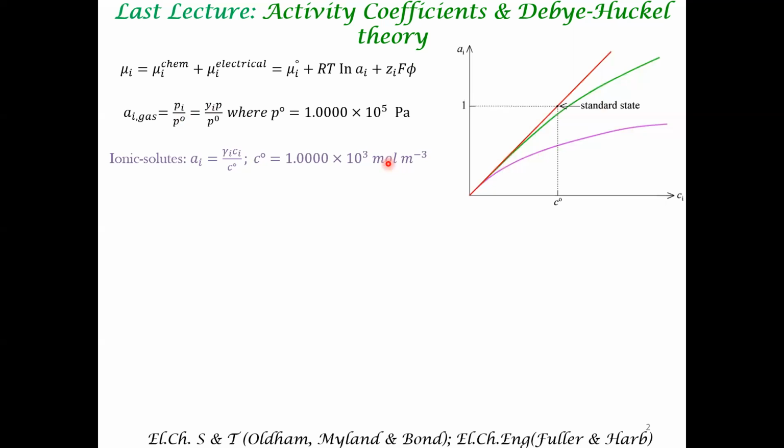The deviation from the straight line is because of solute-solute interaction. The solute-solute interaction is greater when you have an ionic solute, and it's lesser if you have a non-ionic solute. In all these cases, when you're considering an ideal solution, what we mean by ideal is that the solute interacts only with the solvent. It is not interacting with any other solute ion.